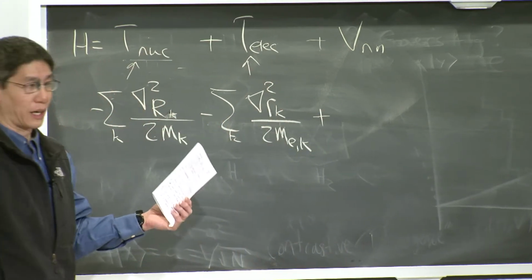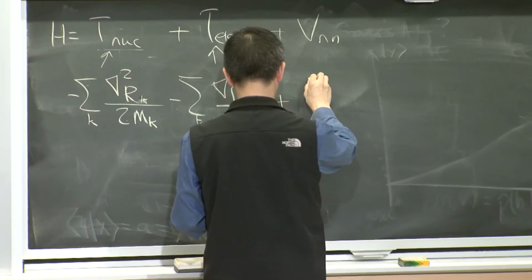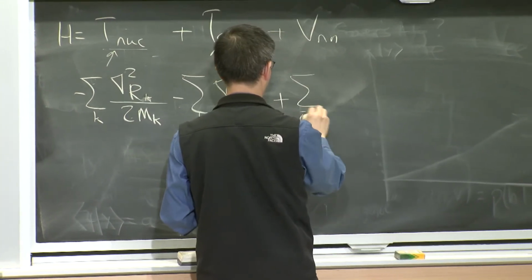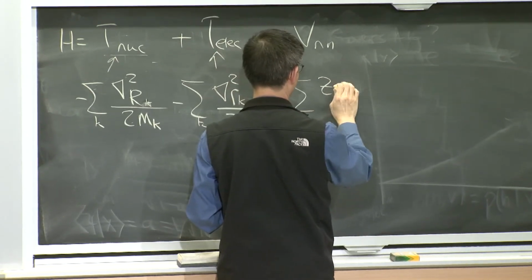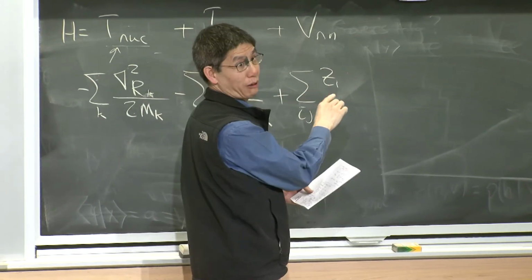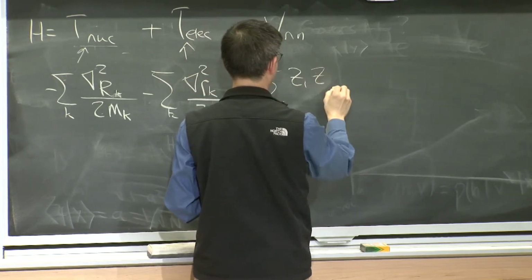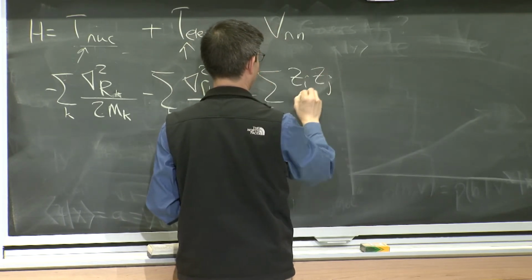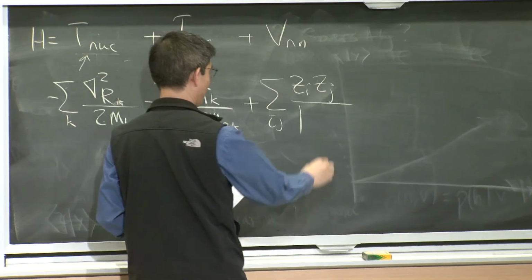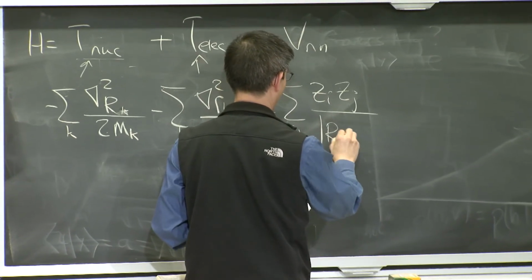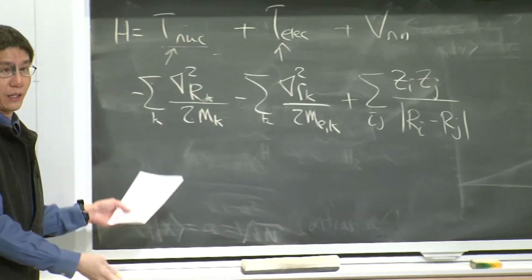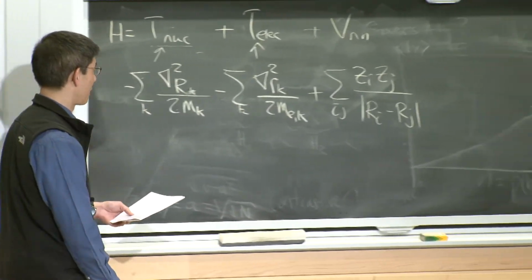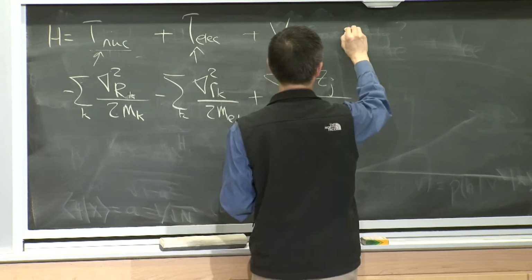So two positive charges interacting together. And we'll have a structure that looks like this: a Coulomb interaction, Zi Zj, where Z is now charge, not the Pauli Z matrix, divided by the distance between the two nuclei, Ri minus Rj, together with all the usual 4 pi epsilon naught that I'm leaving out.